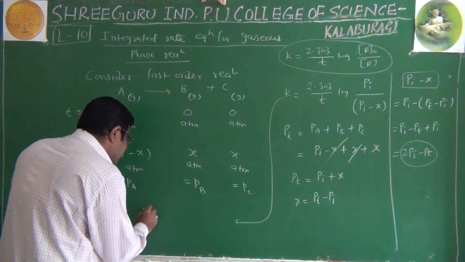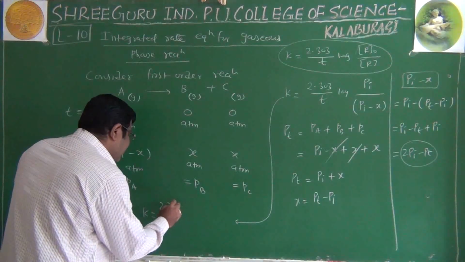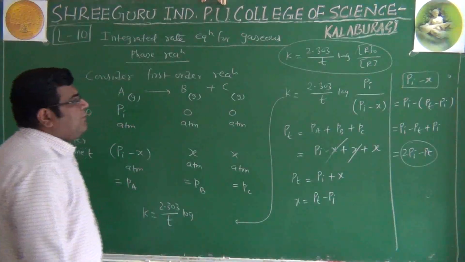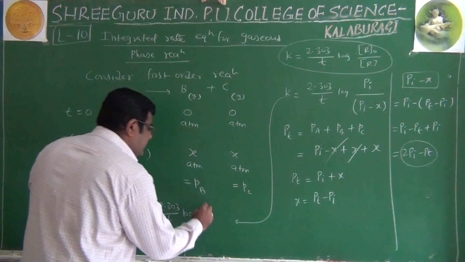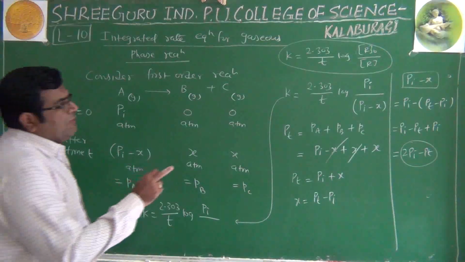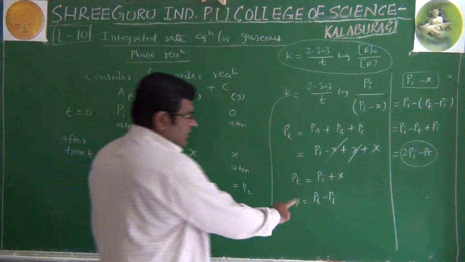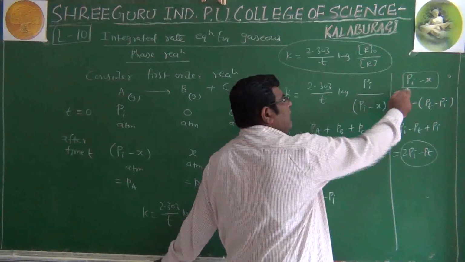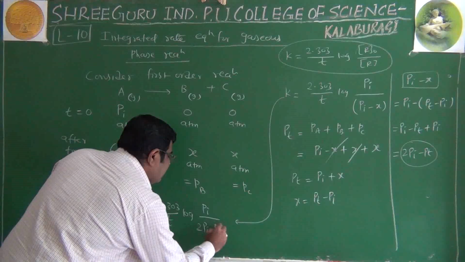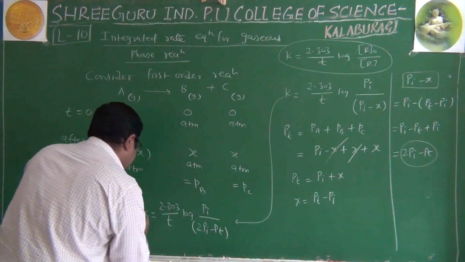So we can write this as k equal to 2.303 by t log of Pi, because that value is known to us, divided by Pi minus x. We have calculated the value of x and obtained Pi minus x, that is 2Pi minus Pt.